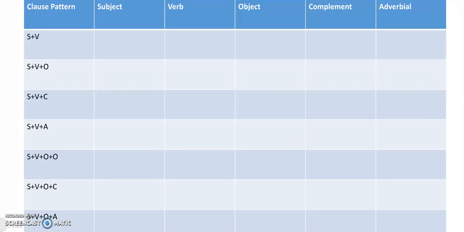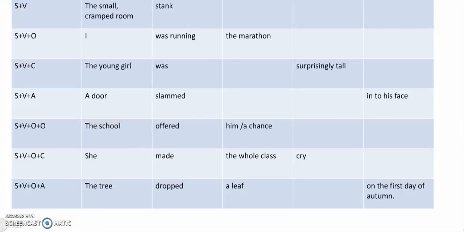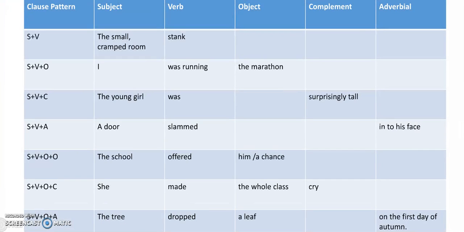I've done some examples for you. For example, the subject in this one is a full phrase. It's a small, cramped room, and what's it doing? It's stinking. So the small, cramped room stank, and that is subject verb.